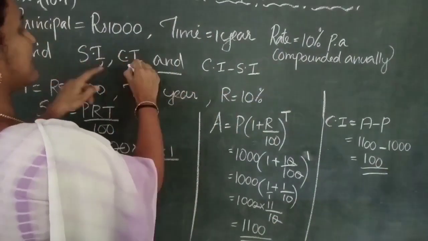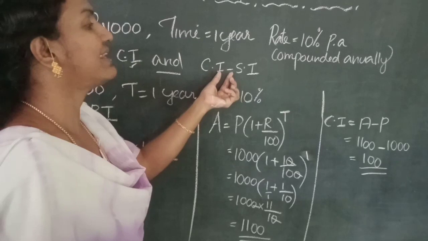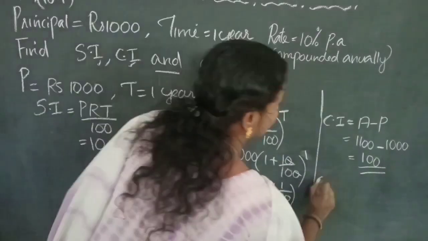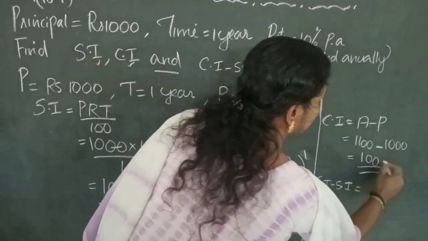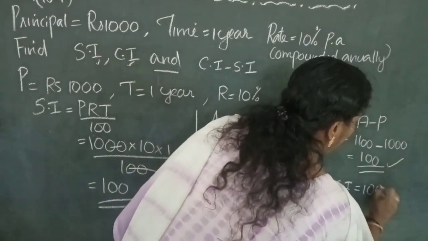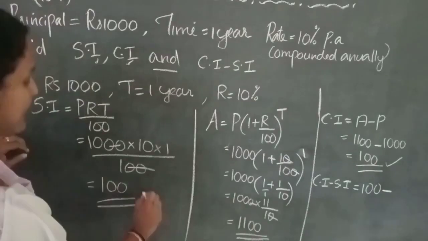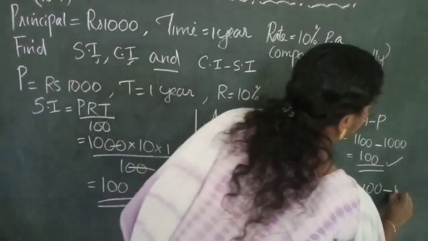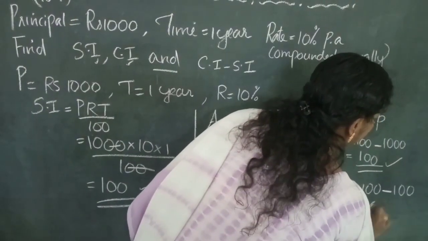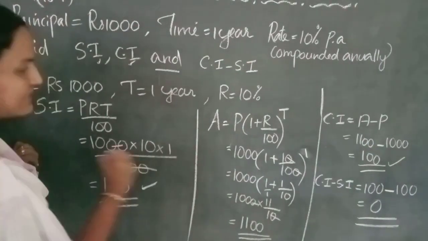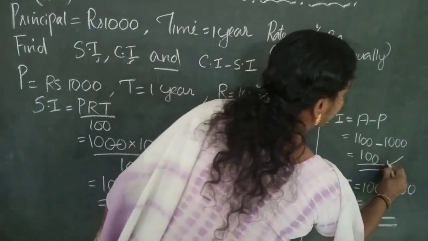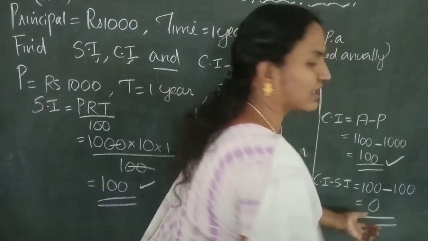After that you have to find CI minus SI, which is 100 minus 100, 0. So SI is equal to 100, CI is equal to 100, and CI minus SI is equal to 0.